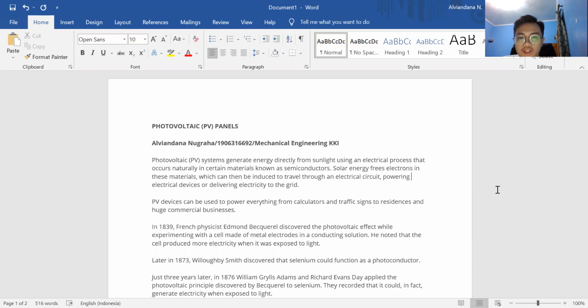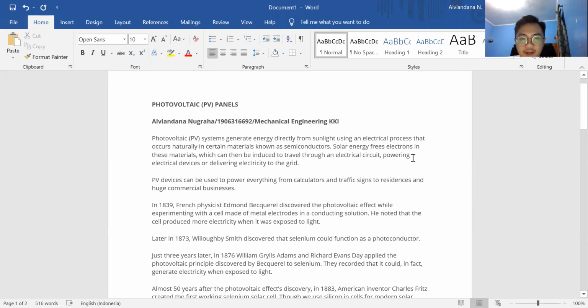Photovoltaic or PV is something that people usually call solar panels. It is a system that generates energy directly from sunlight using an electrical process that occurs naturally in certain materials known as semiconductors. The solar energy from the sunlight frees the electrons in these materials, which can then be induced to travel through an electrical circuit, powering electrical devices or delivering electricity to the grid.